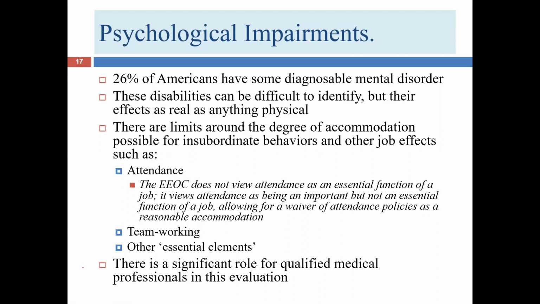Obviously, in many cases, the employer won't know about a particular disability because the employee chooses not to share that information, either because he or she just chooses to keep it private, or perhaps because the employee doesn't feel like it's necessary, that it's not impacting the work environment. Psychological disabilities are every bit as real as physical problems, and they are every bit as entitled to accommodation as physical problems such as a missing limb or blindness or something along those lines.